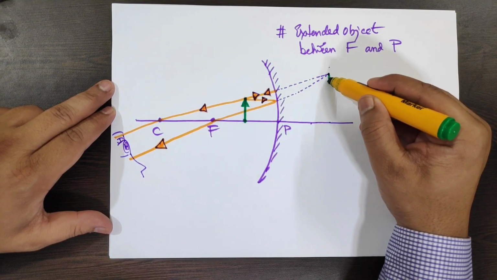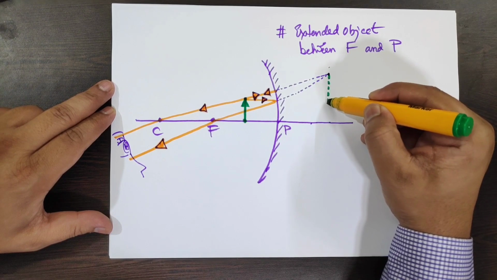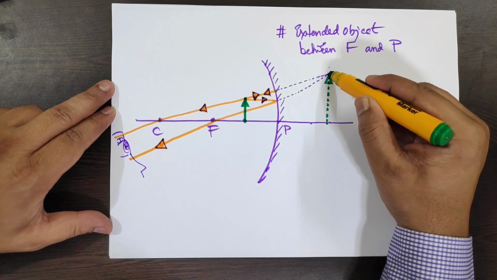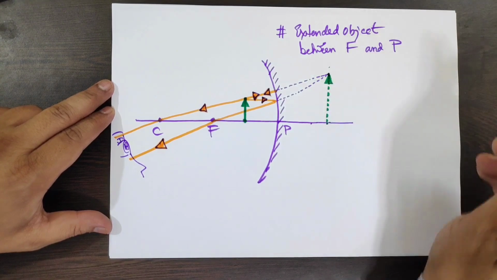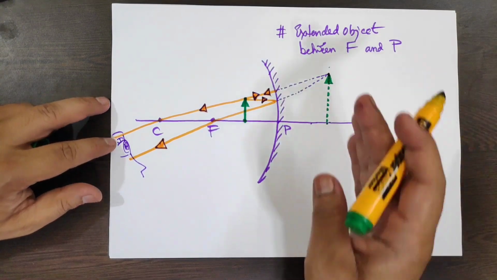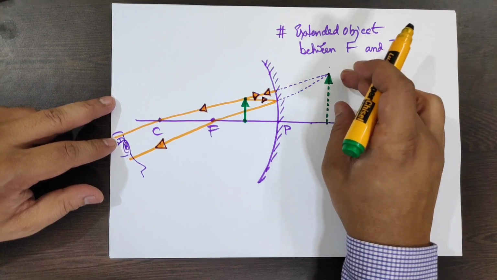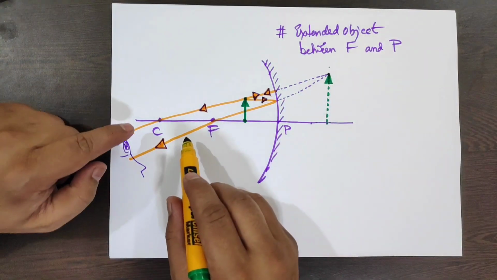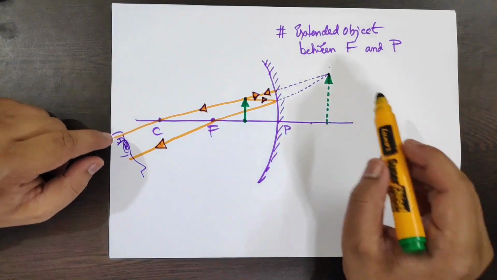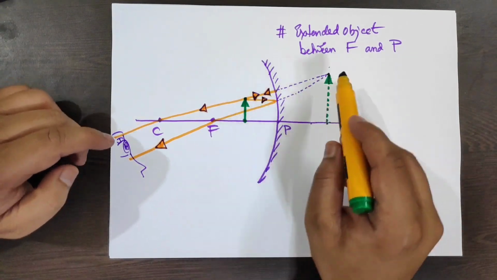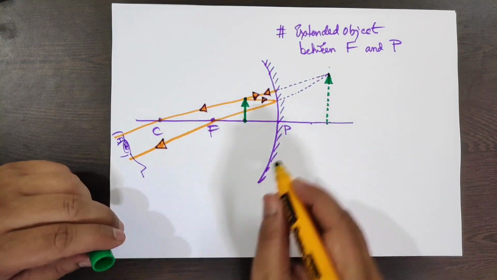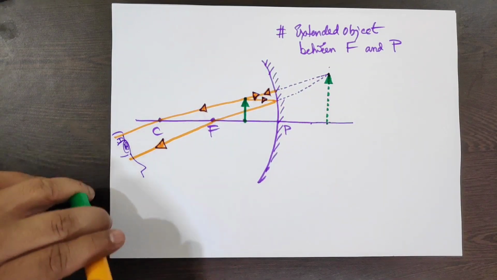Here I will show it by a dotted line, because there is nothing here actually, right? In reality, this thing doesn't exist, or we say that the light rays appear to diverge from this point. It does not really diverge from this point, as these are the reflected light rays. So this is a virtual image.